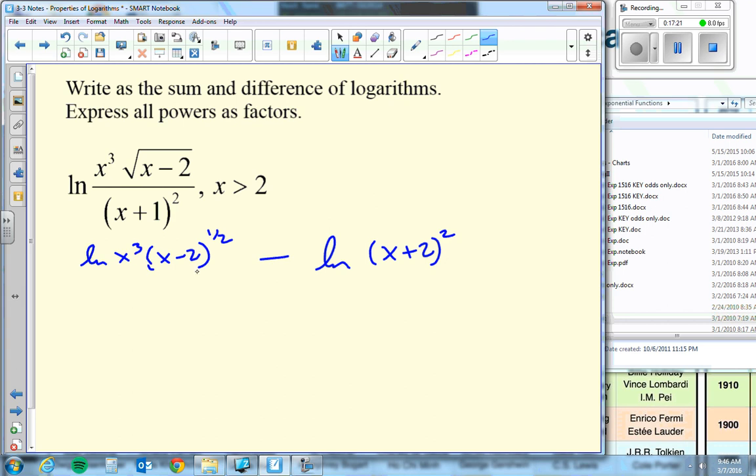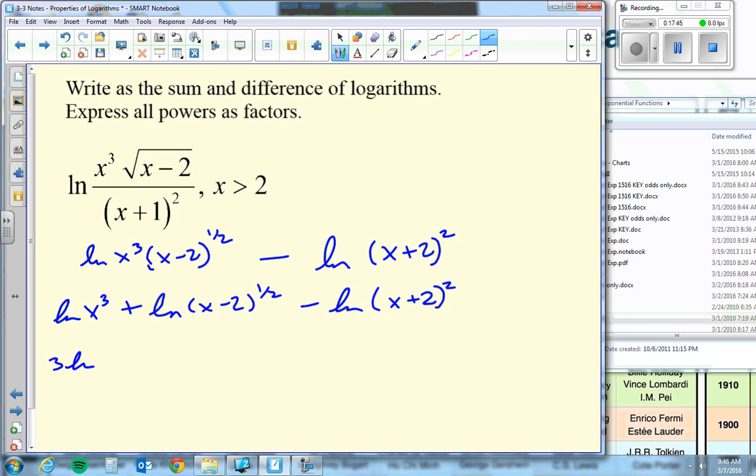And then this first one now is a product, so rewrite it as log of the first factor plus log of the second factor. And listen, at some point the exponents when you move out in front of those factors, you could have combined those, skip that step and just written this final answer.